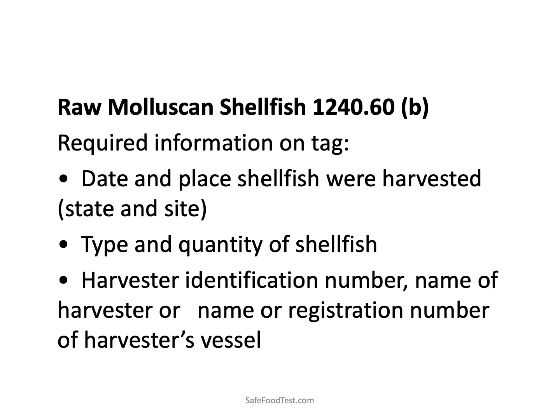Title 21 1240.60(b) requires specific information on the tag: date and place shellfish were harvested, state and site, type and quantity of shellfish, harvester's identification number, name of harvester or name or registration number of harvester's vessel.